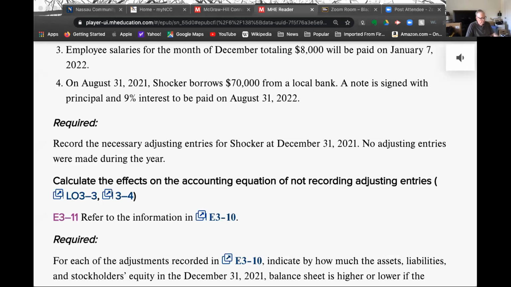So the adjustment is on December 31st, right? And what account are we going to debit? What do you think?